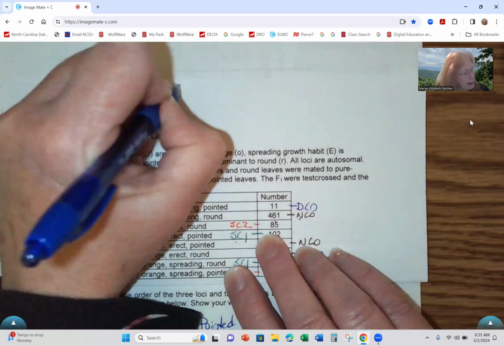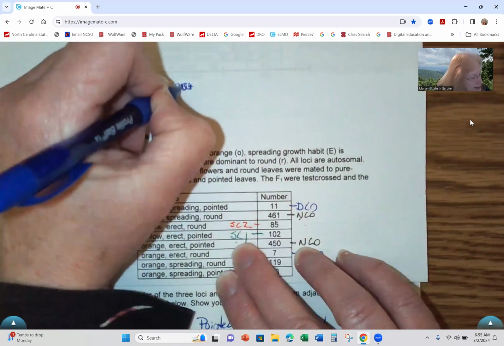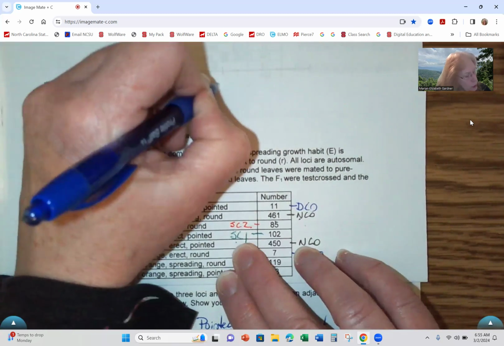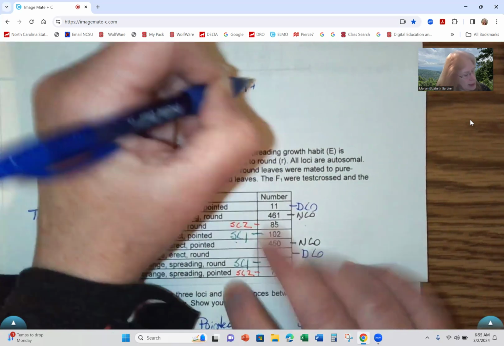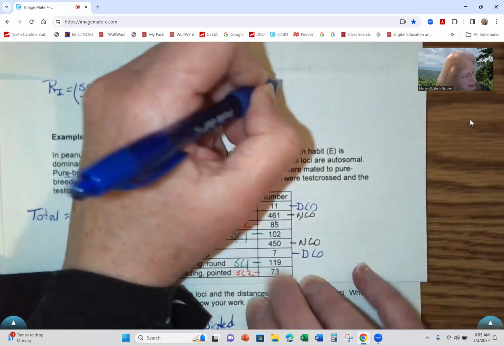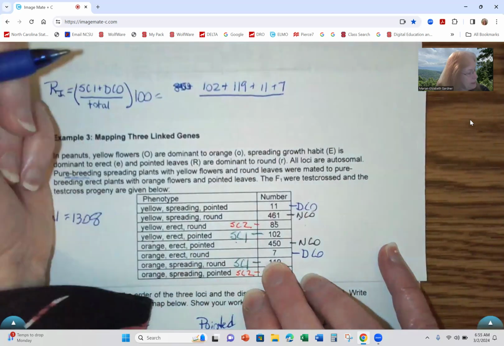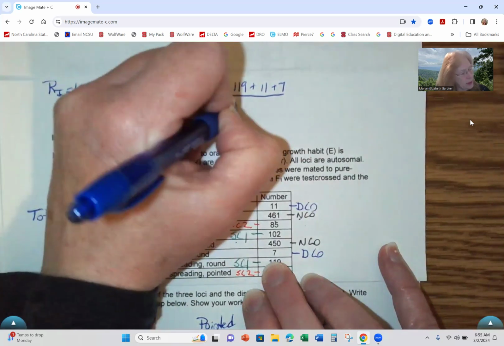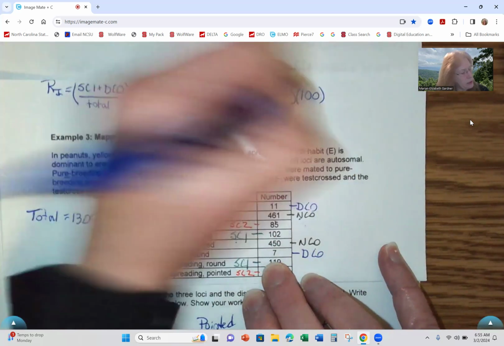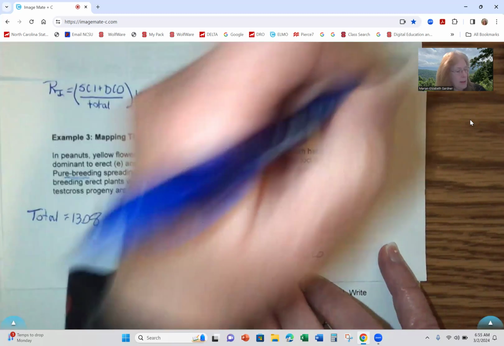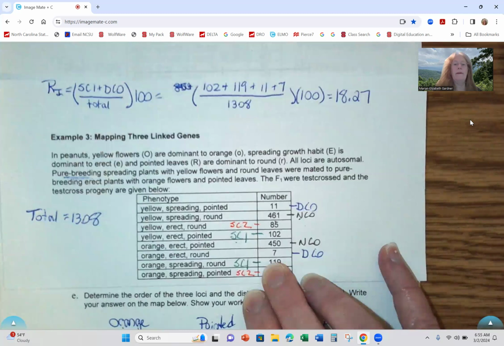So I've got 102 SC1s. 102 plus 119 plus 11 plus 7 divided by my total of 1,308, all that multiplied times 100. And that comes out to 18.27.